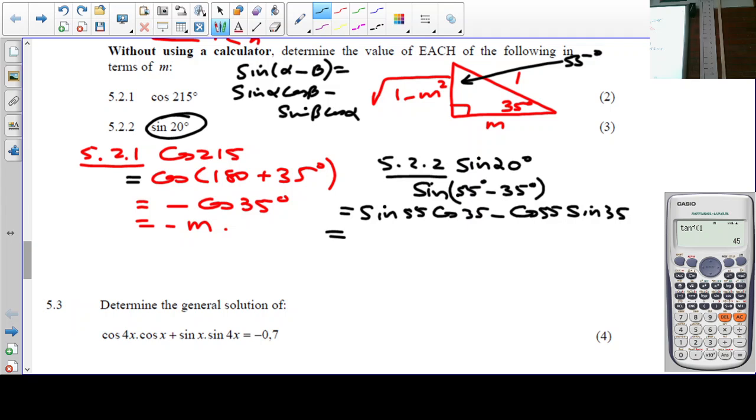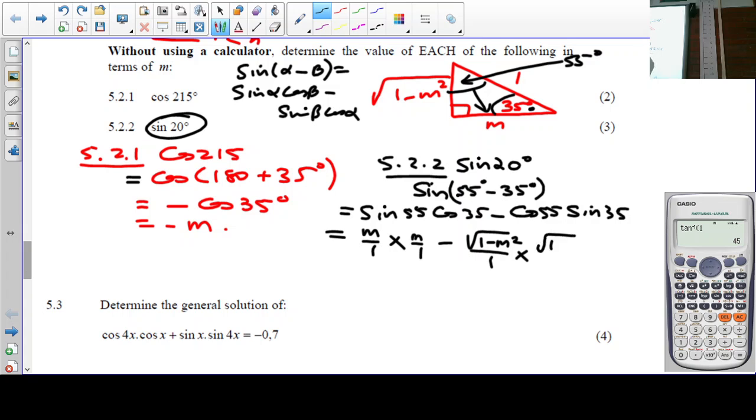So what is sine 55? Here's your angle. Sine is opposite. It's going to be m over 1, which is m. Cos 35 is adjacent over hypotenuse. So it's m over 1. Minus cos of 55. It's adjacent, which is the square root of 1 minus m squared over 1. Times sine of 35, which is opposite over hypotenuse.